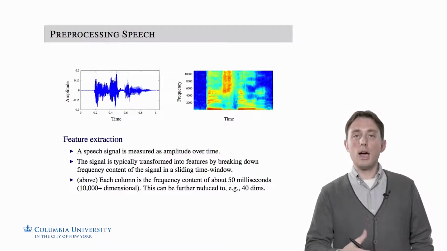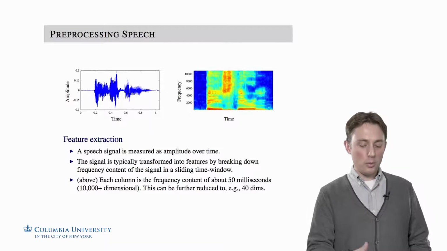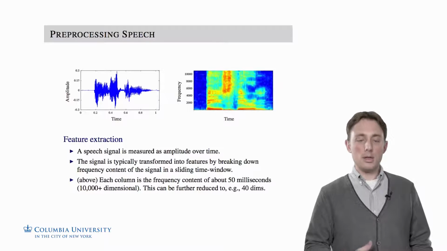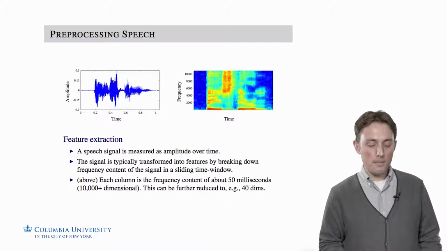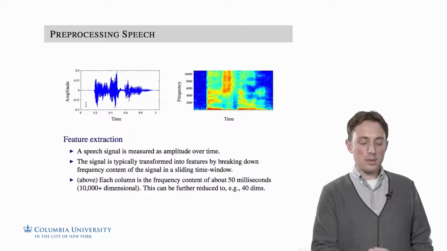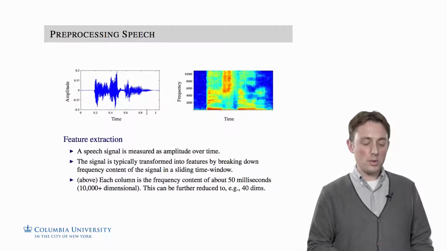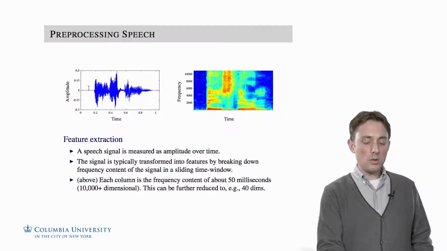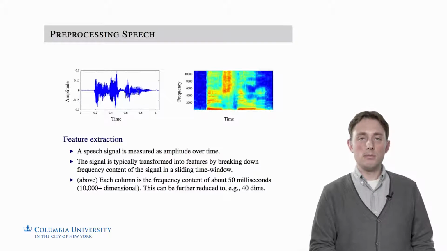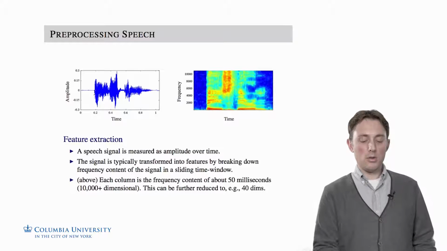So let's look at how we actually process speech in one slide before we discuss applying an HMM to it. So we get this sort of a speech signal. So we have time, it's here normalized to be between 0 and 1, and the speech signal is an amplitude, and there are many measured values between 0 and 1.